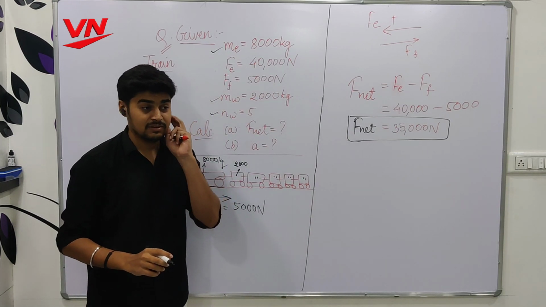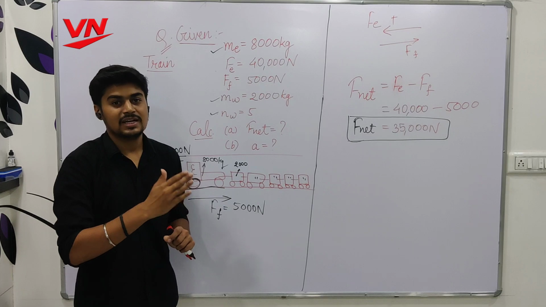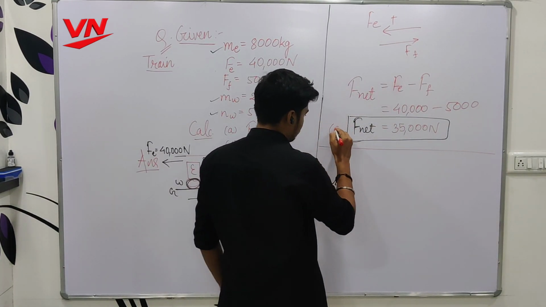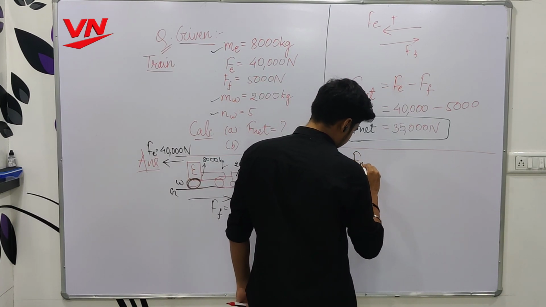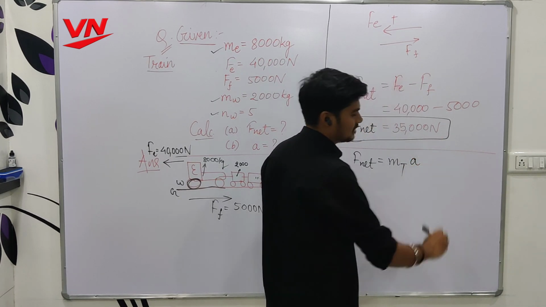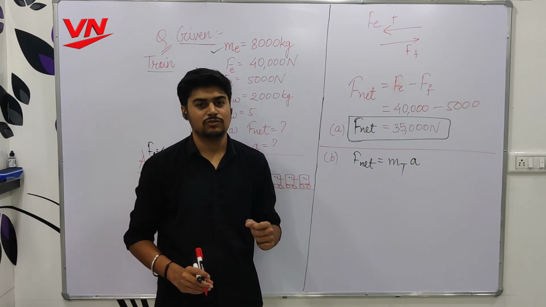Now if you remember, we have a formula F = ma. Basically net force is equal to mass into acceleration. From that formula we can calculate the second part, that is F net = total mass into acceleration. Now we are specifying each and every term of the formula.